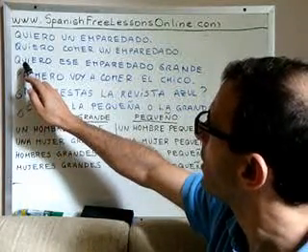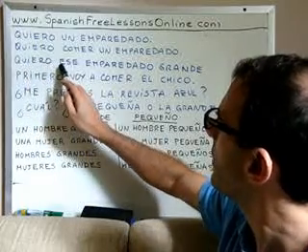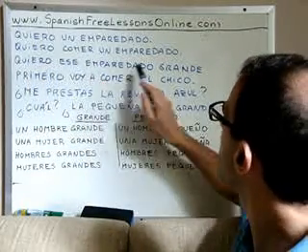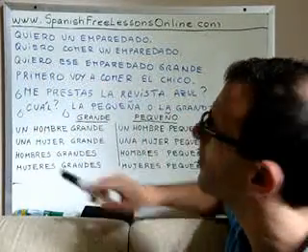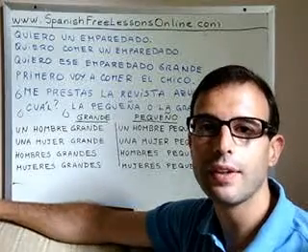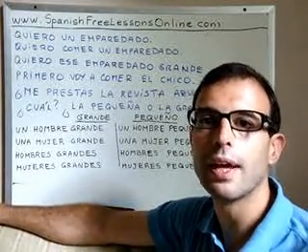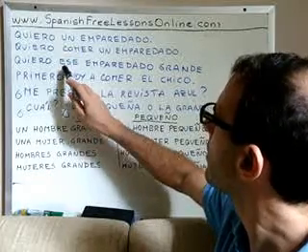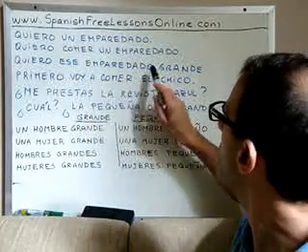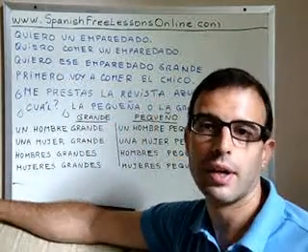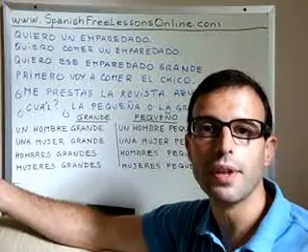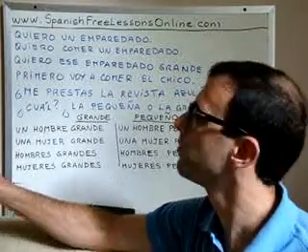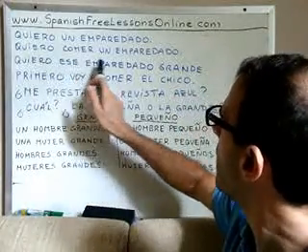Here I say, quiero ese emparedado grande. Quiero ese emparedado grande. I want that sandwich big. Or I want that big sandwich. Quiero ese emparedado grande.